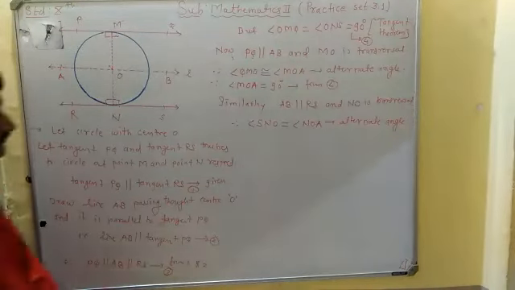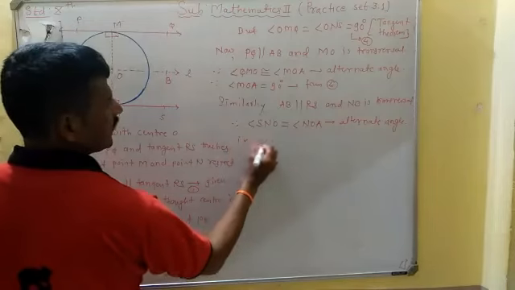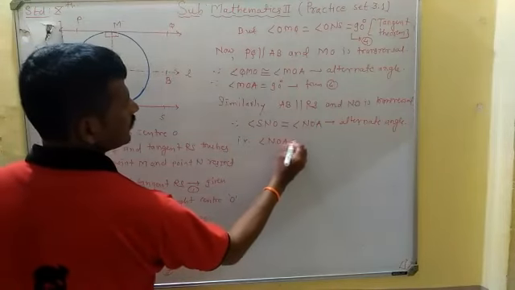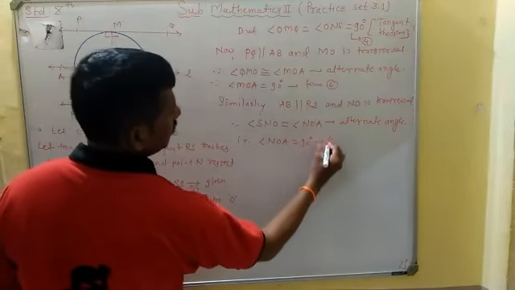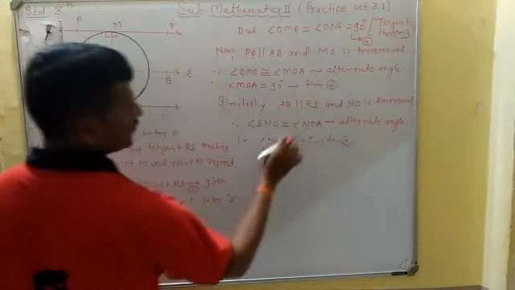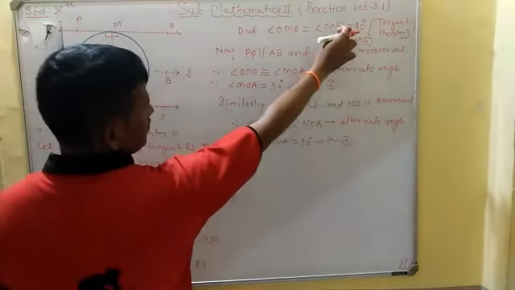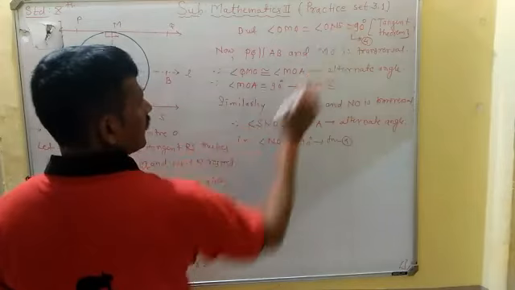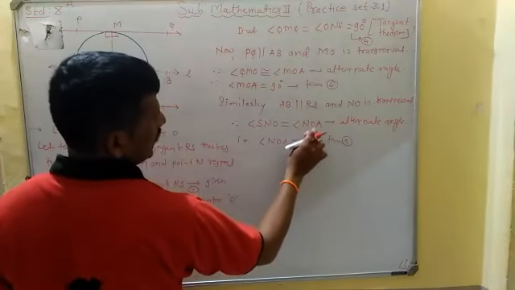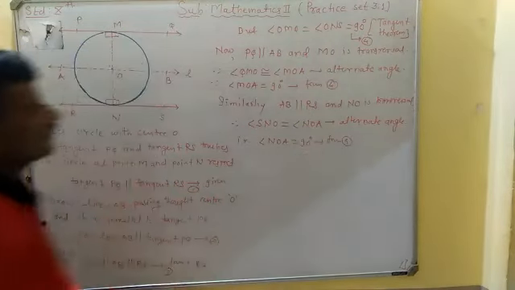Okay, that is, we write here angle NOA is also equal to 90 degrees, again from 4. Because angle ONS, that is angle SNO, is the same as angle NOA, and it came to 90 degrees.